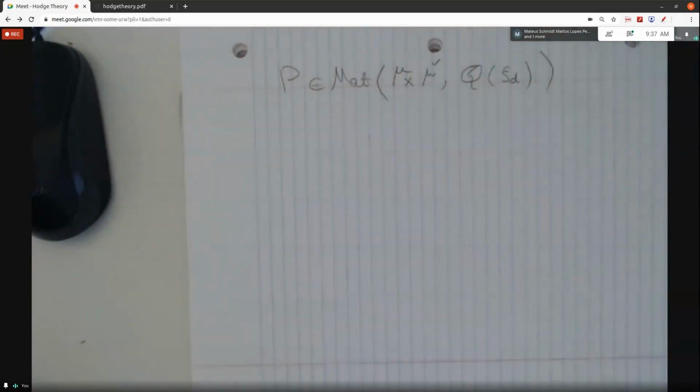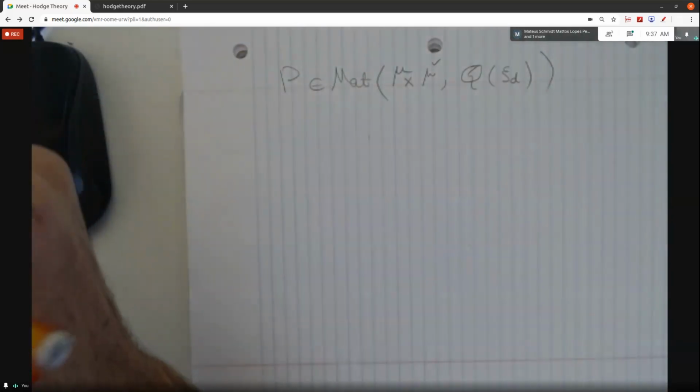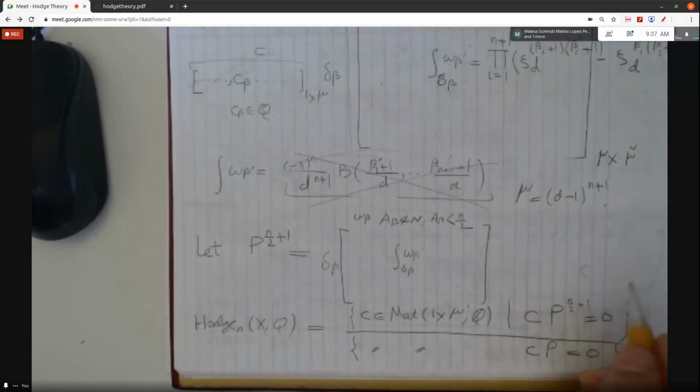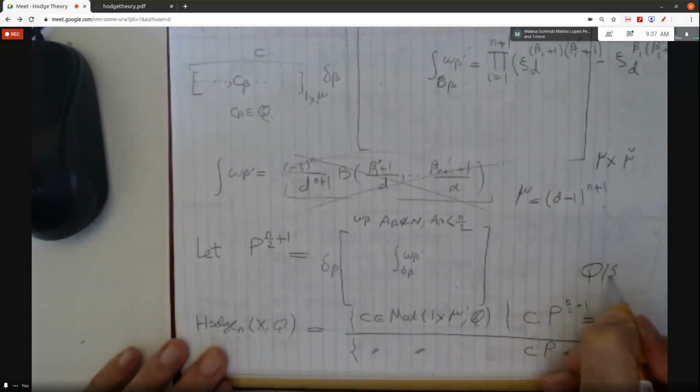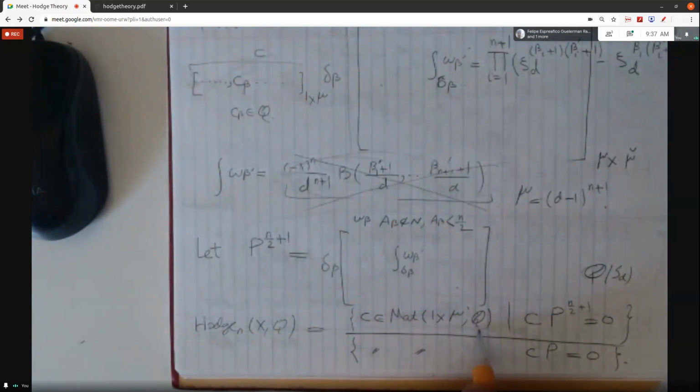And there are many computer programs with which you can implement this one, but maybe in order to compute the Hodge cycles, let me say a few words about this. So these matrices are defined over Q zeta d, but the vector C itself is defined over Q.